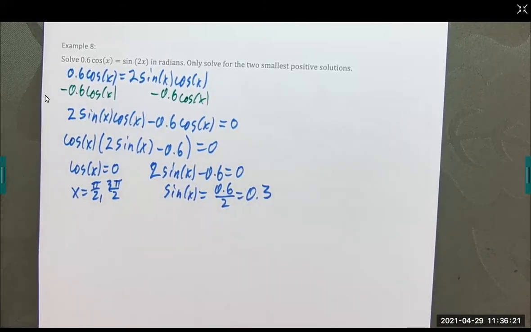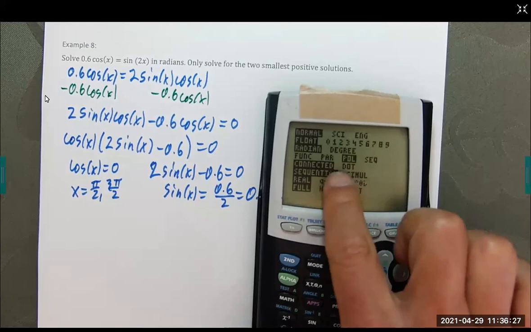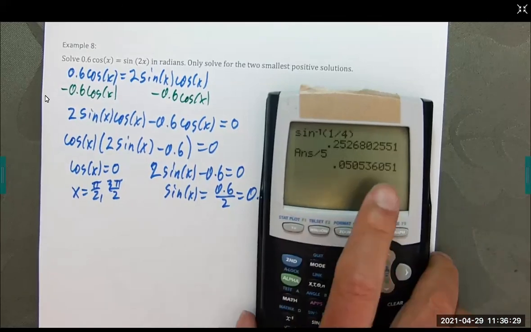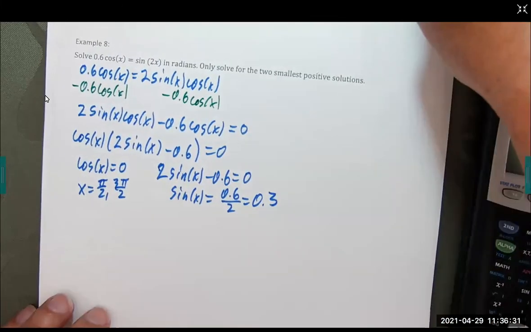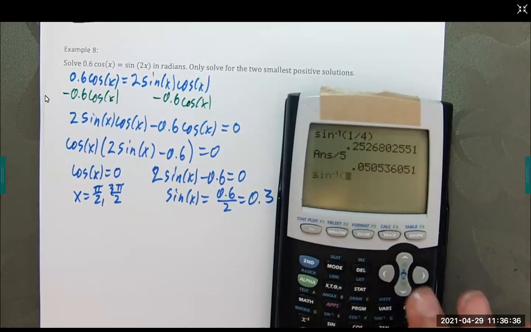The smallest angle is going to be in quadrant 1. So again, I'm going to verify that I'm in radian mode. And I'm going to go inverse sine of 0.3.